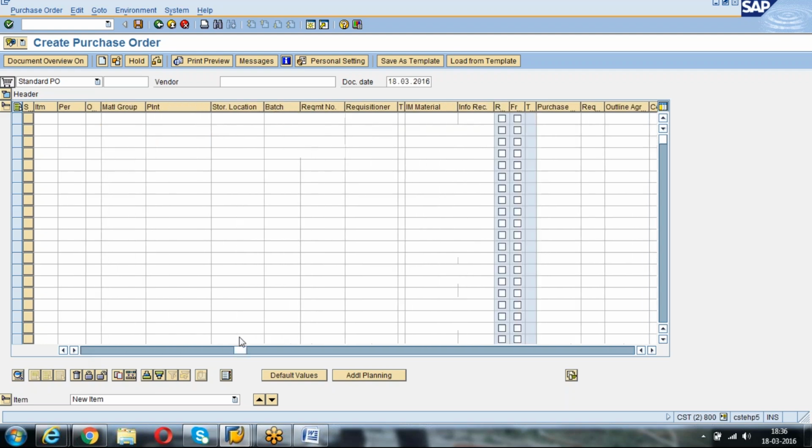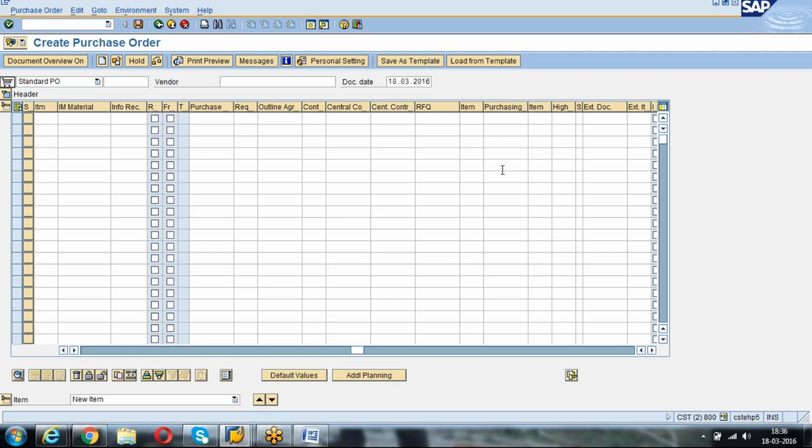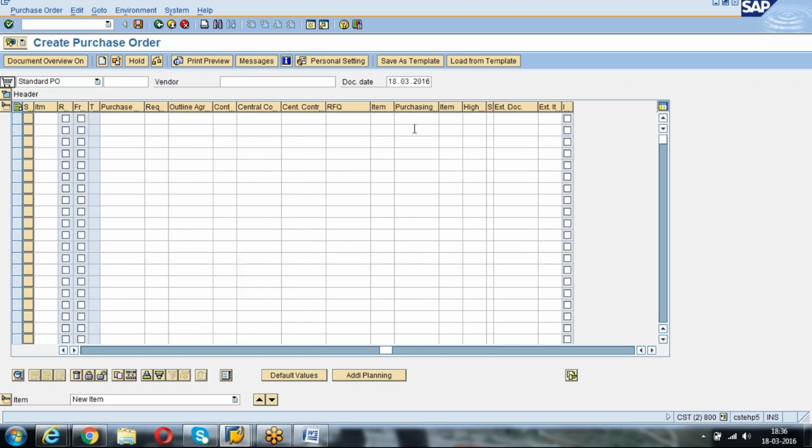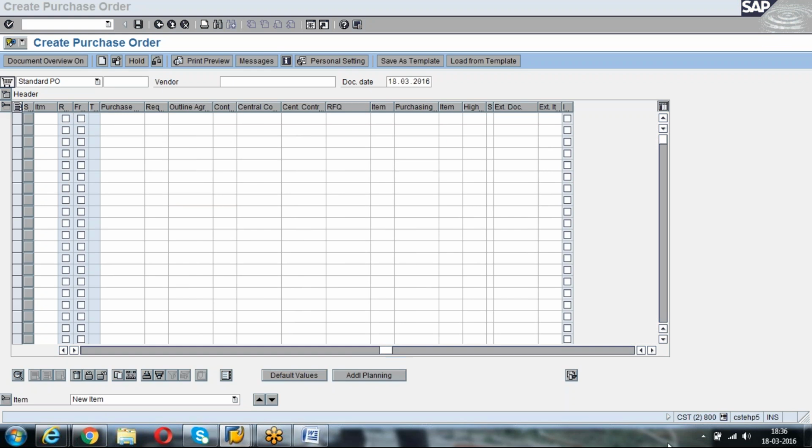Okay. So first I will create one PO with reference to a PO just to initiate the activities.